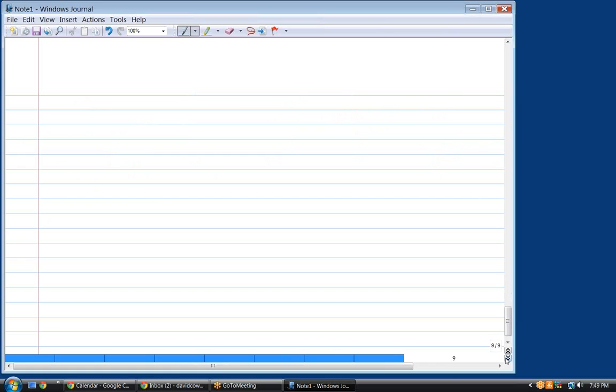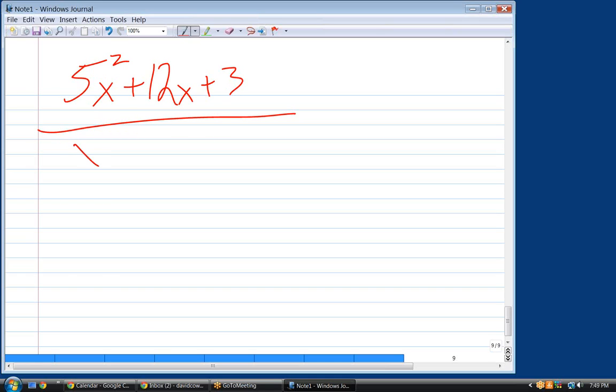Oh, well, actually this next one is 5x squared plus 12x plus 3 over x parentheses x plus 1 squared. Like that? All right. What are our 3 denominators going to be?